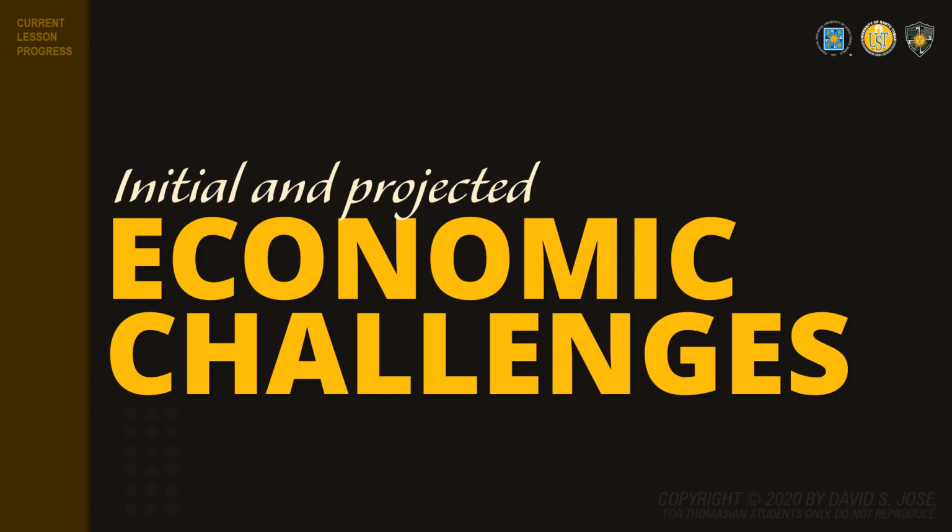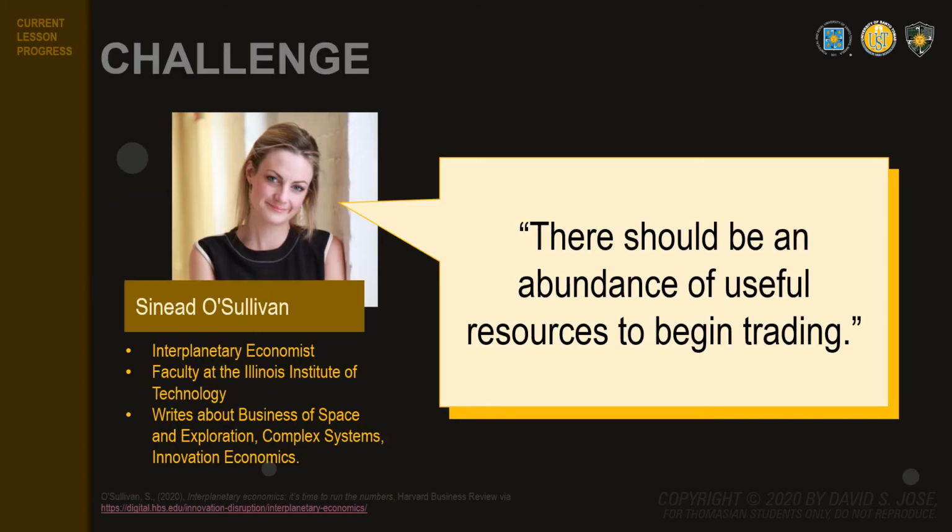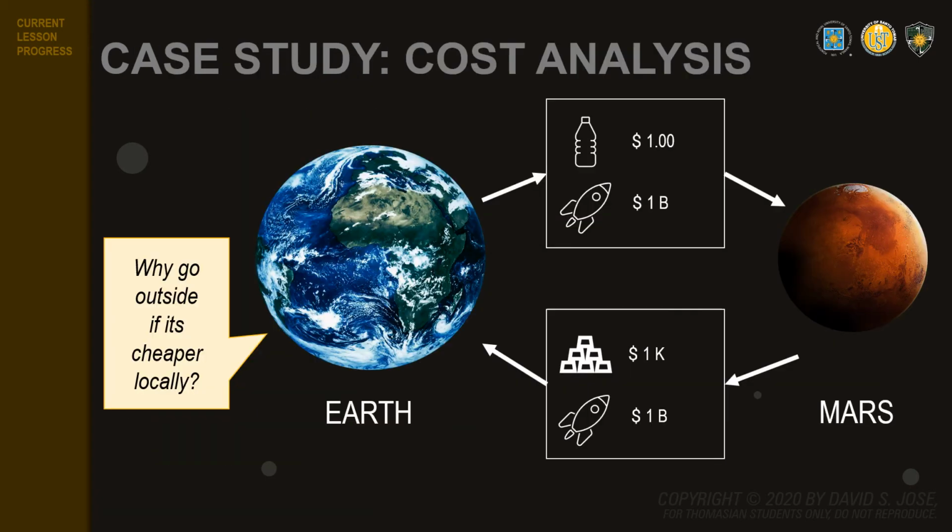Although the reward is true, there are some challenges we have to surpass before reaping these rewards. According to Ms. Sullivan, we can only create a trade when there is an abundance of useful things in the first place. What she is trying to say is that, for example, if we are going to sell water to Mars, the transportation cost is $1 billion.